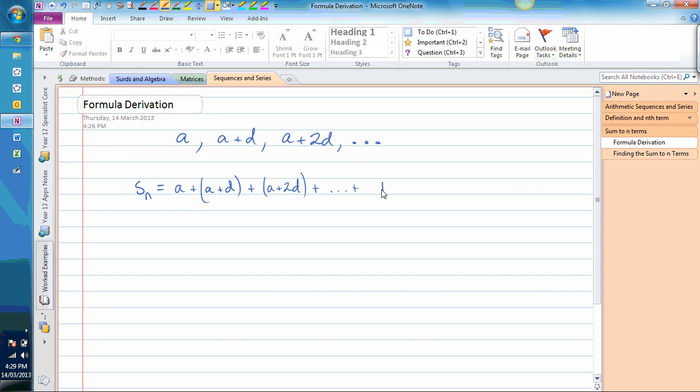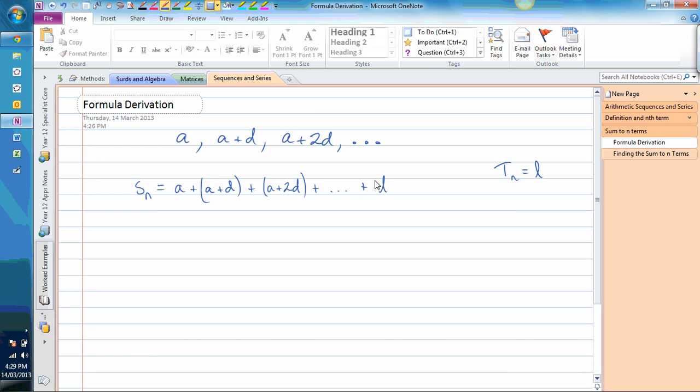Now I could call the last term Tn, the nth term of this sequence, but I'm going to give it a different name, just so that we don't have big Tn's lying around everywhere. I'm going to call it L, for last.